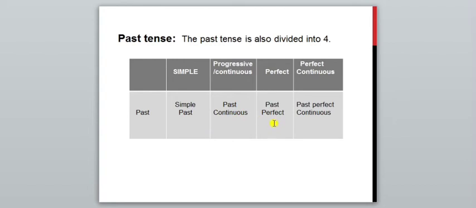Past perfect tense means subject plus had plus V3 plus object. Means I had read a novel. And last one, past perfect continuous tense means subject plus had plus been plus V1 with the ing plus object.